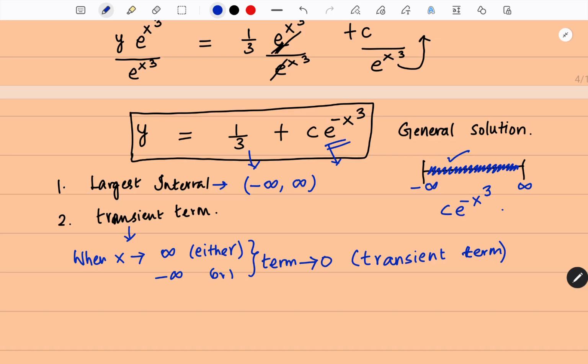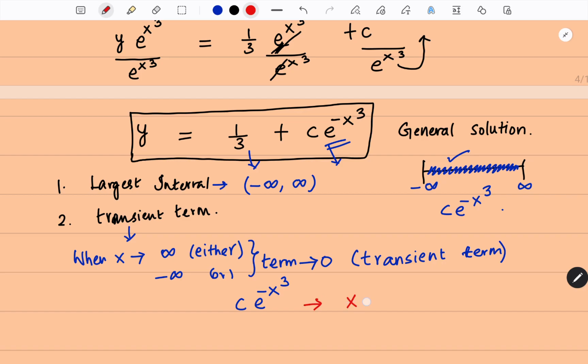Largest interval means this one. Why? Because e power minus x cube is defined only for real numbers, or simply real values. Let's go to the transient term. There is one term here, c e power minus x to the power of 3. Now what happens?